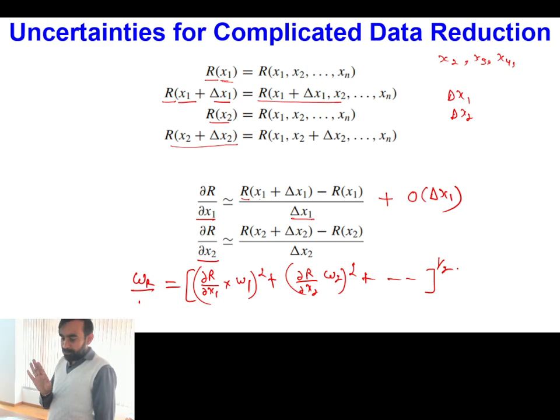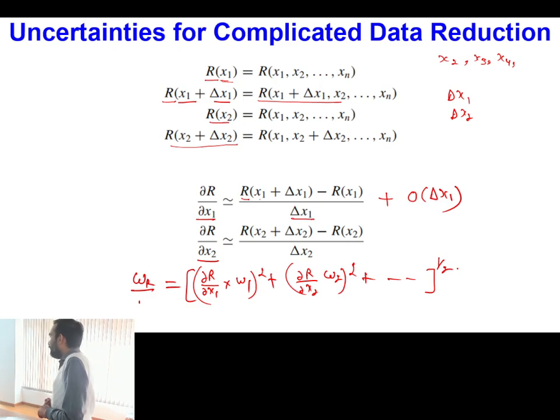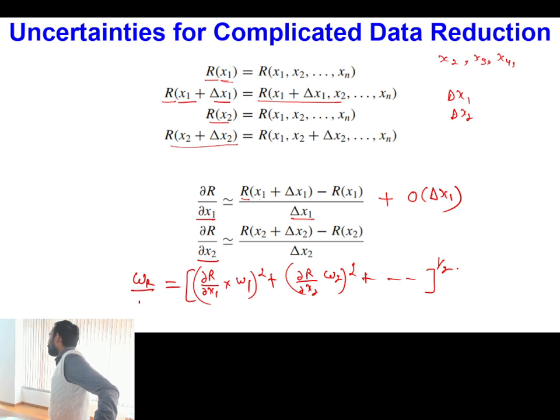So the whole utility is that whatever complicated function you have, if your data set is small and you are able to calculate the derivatives del r by del x1 and del r by del x2 mathematically, it is easy to determine. But the major issue comes if you are finding mathematical difficulty in calculating the derivatives, or second, if you have a large number of measurements involved.